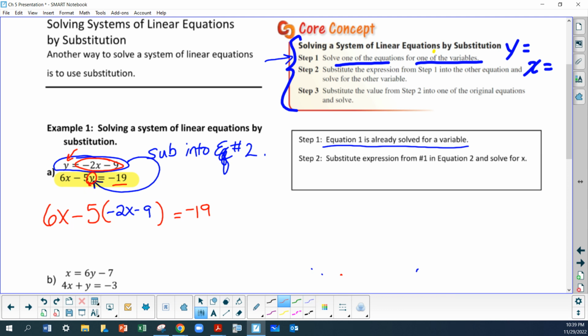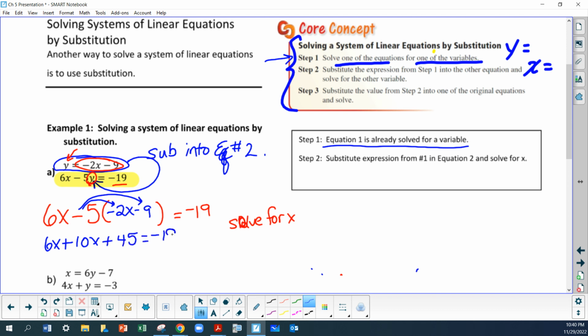Now, let's just keep solving. So let's solve for x, and you can write that down if you want. I would have 6x minus, so if I take negative 5 times negative 2x, I'll get positive 10x. And then a negative 5 times a negative 9 makes positive 45.